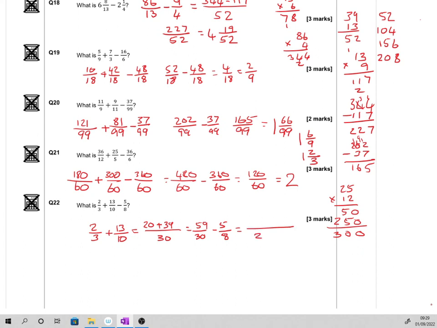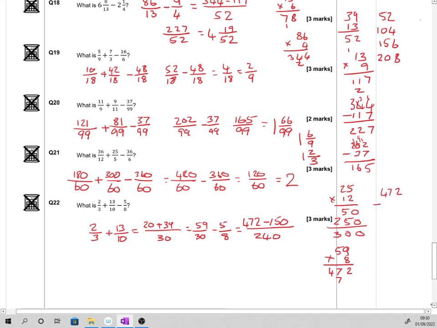So we've got 240 on the bottom, and 8 times 59. 59 times 8 is 472. 5 8s are 40, 47. So I've got 472 minus 150. So 472 minus 150 is 322.